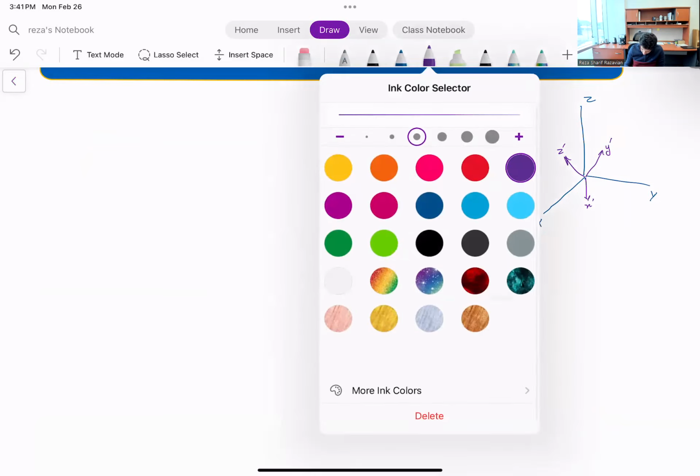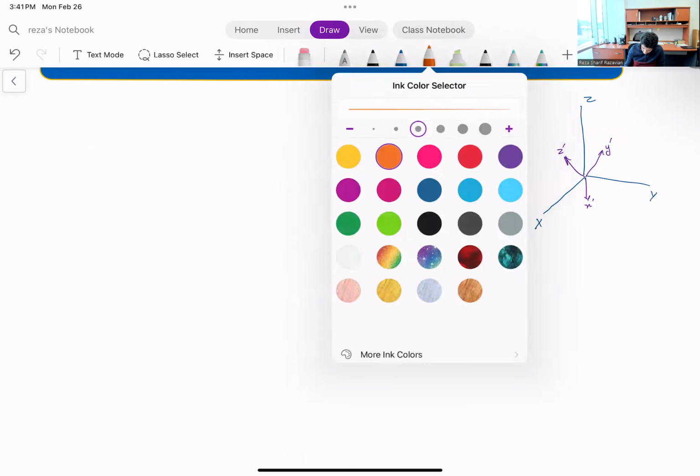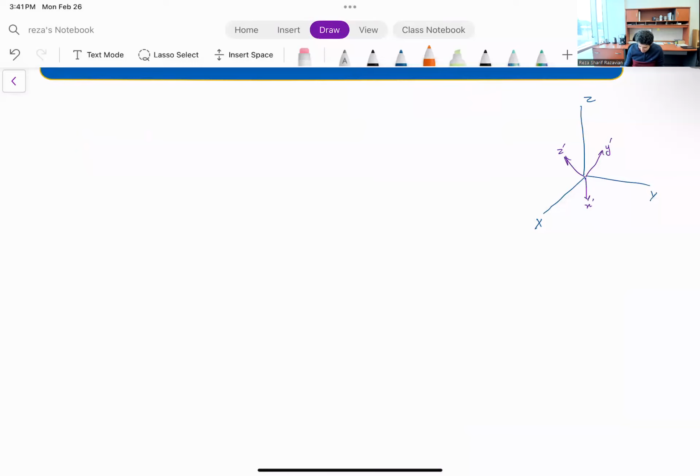Let me try another color, orange. And with axis angle, we represent this rotation as a rotation about some axis defined by unit vector A and some amount of rotation phi. And this is the axis angle representation.